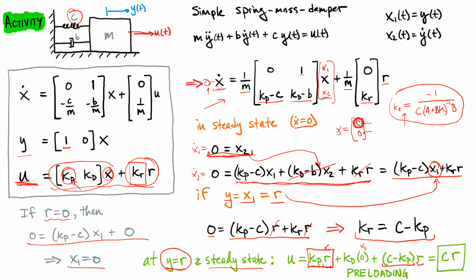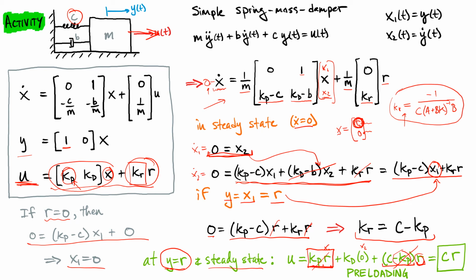Remember, this u is the external force that's pulling the block to the right, of kp times r. And what the tracking part does is it generates something that essentially cancels out that term.